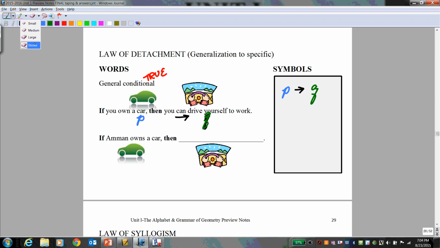That's a really sorry looking Q. Let's try that again. So we start with the general conditional, that's true. So go ahead and just box that whole thing and write true. Now let's apply it to a specific situation. If Amon owns a car, you ask yourself, what is the conclusion you can make about Amon? The general says this: if you own a car, then you drive yourself to work. If Amon owns a car, then why don't you take a wild guess there?